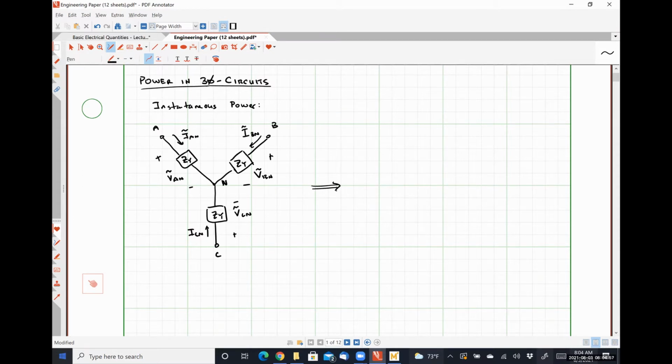In the time domain, actually, I'm assuming an inductive load here, because the overwhelming majority of the time that will be the case.